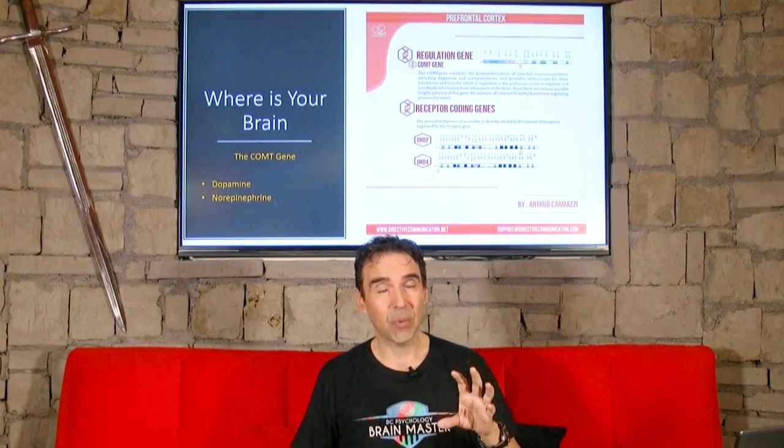Now, if, for example, you have this particular enzyme, you've got a lot of this and it's regulating, say, more norepinephrine, that means that the more norepinephrine you have, the more heightened your bigger picture is. You're looking at bigger things all around you. Now, it gives you the ability to expand your attention.